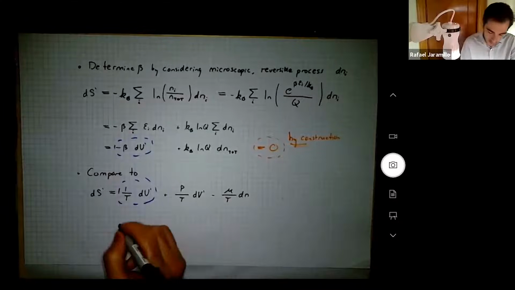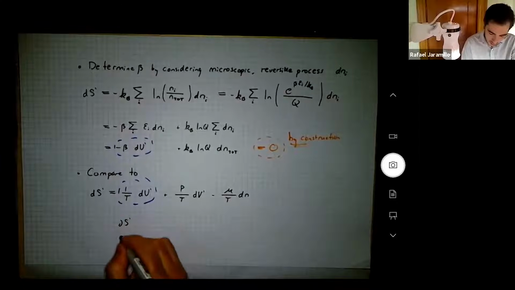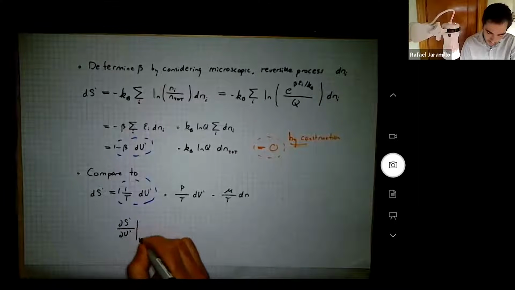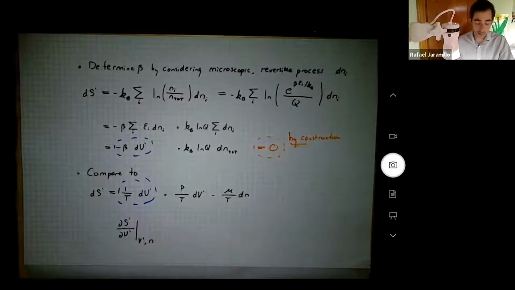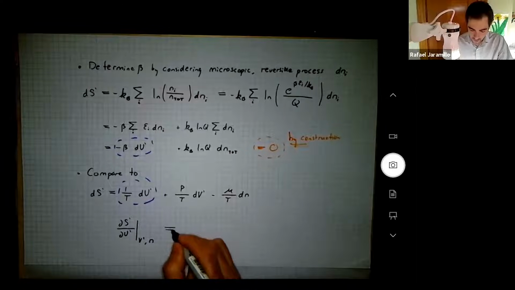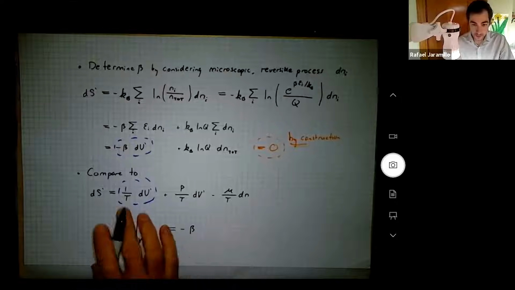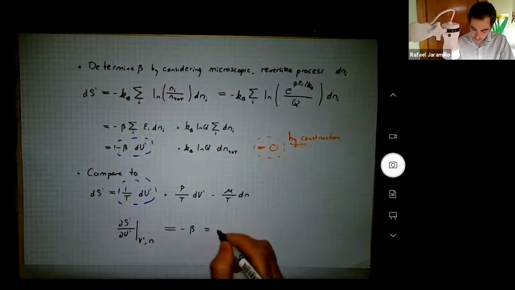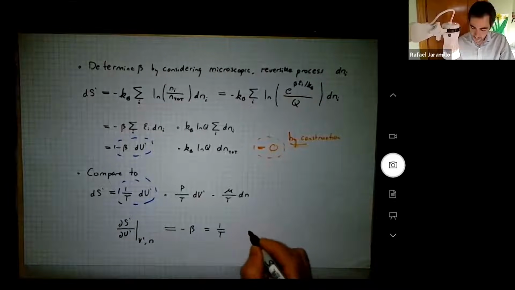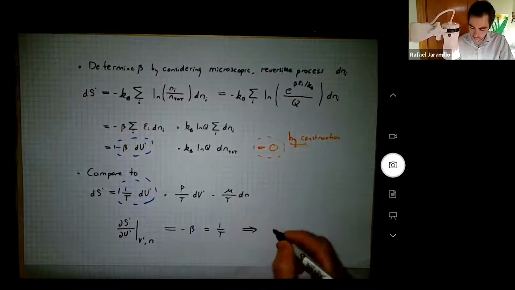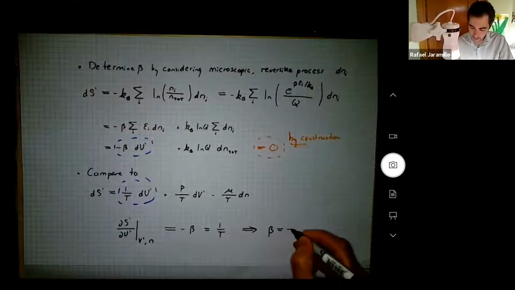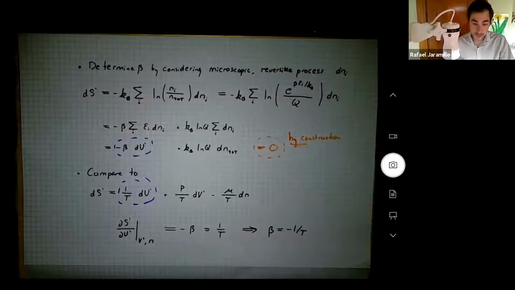So what is dS/dU at fixed volume and fixed particle number? Well, from our statistical method, that's minus beta. But from the classical method, that's 1 over temperature. And so we can simply conclude that beta equals minus 1 over temperature.